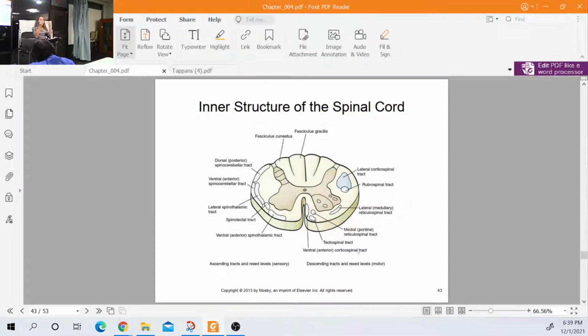So 31 pairs of nerves. You have a pair, so each nerve has an efferent and an afferent nerve. The sensory information or root is on the dorsal side, and the anterior or ventral root is the motor, when you're looking at the spine.